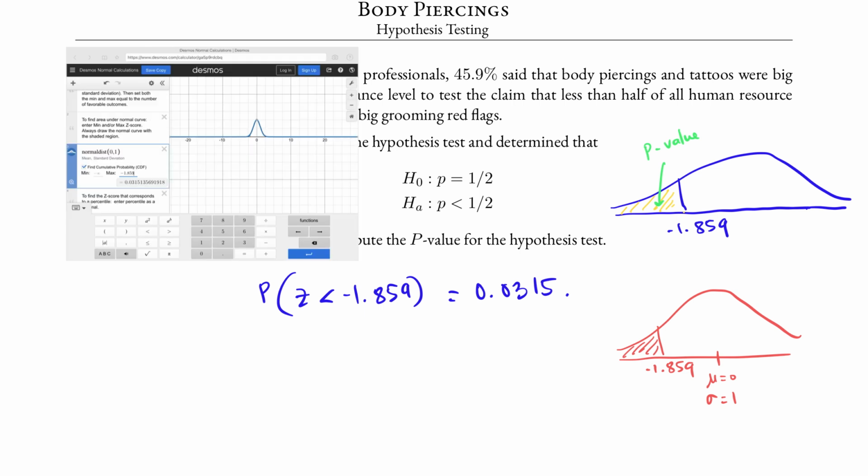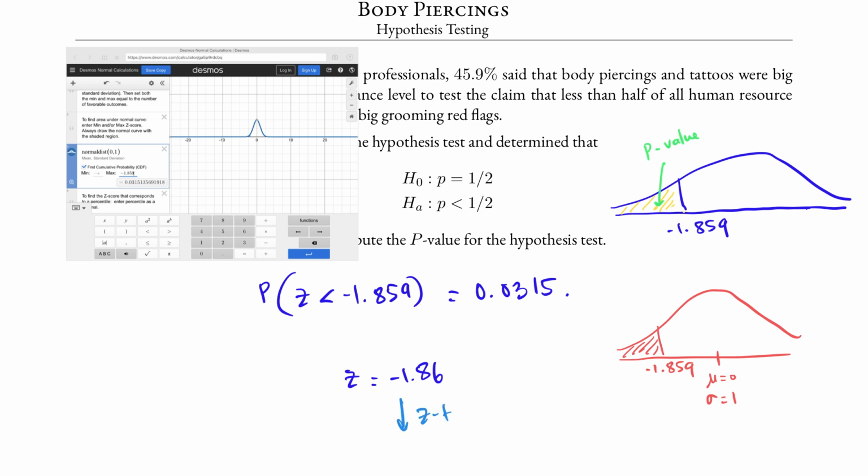If we were to use a table, recall that in the table, the z-scores are rounded to 2 decimal places, and so we would have to use z equals negative 1.86, where we rounded negative 1.859 to negative 1.86, and we proceed with the table. With the table, the value is slightly different.